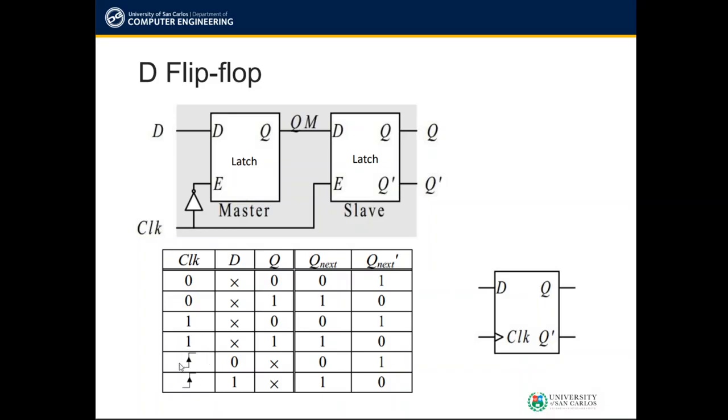Here, if it is a rising edge and the value of your D is 0, whatever the current value of your Q, Q next will be 0.